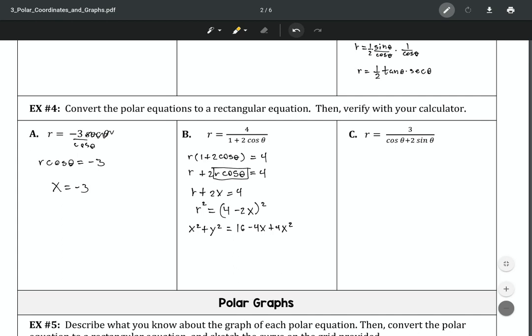Okay. And I'm not really sure how much more you could do. So I'm going to subtract the x squared, subtract the y squared.